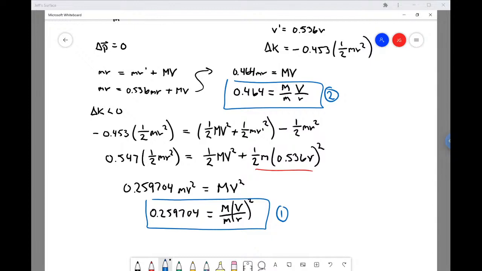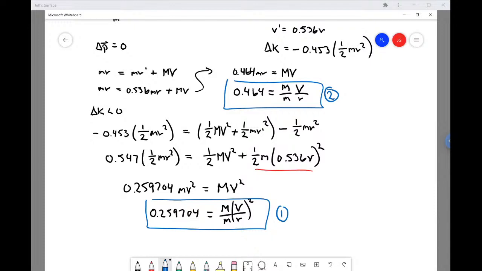So if you do that, you see on the right hand side you have big M over little m, big V over little v, and then it's squared. So if I divide 1 by 2, I will be left with big V over little v on the right hand side. And on the left hand side, it's just the ratio of these two decimal numbers.